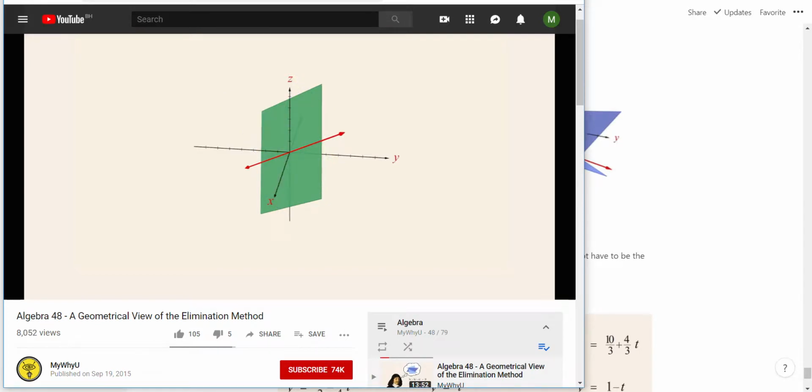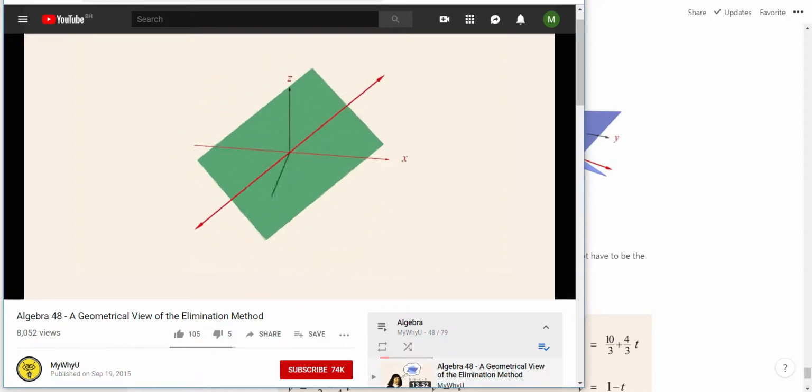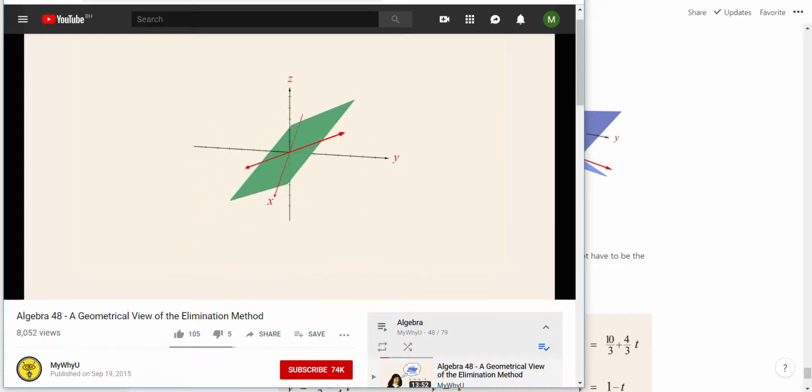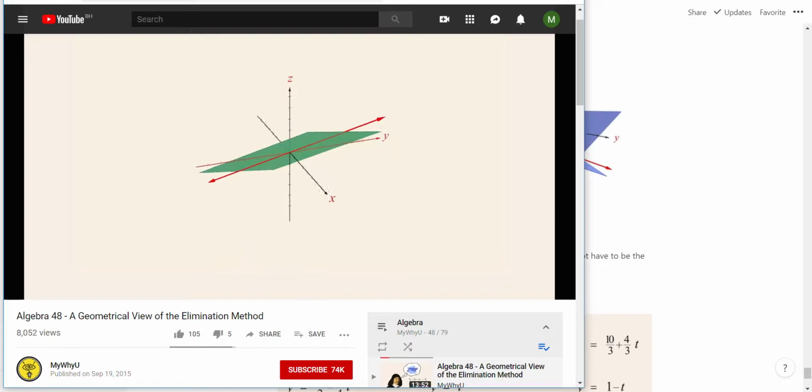Rotating the plane around that line, we can see that it is always possible to orient the plane so that it includes the x-axis, the y-axis, or the z-axis.